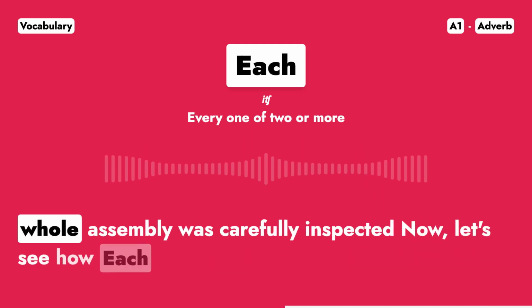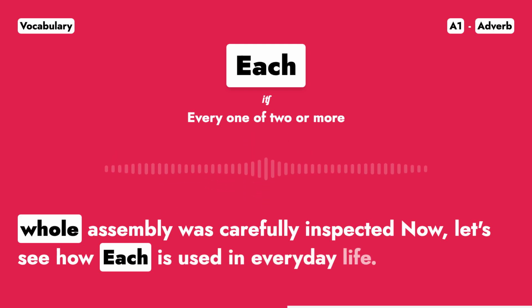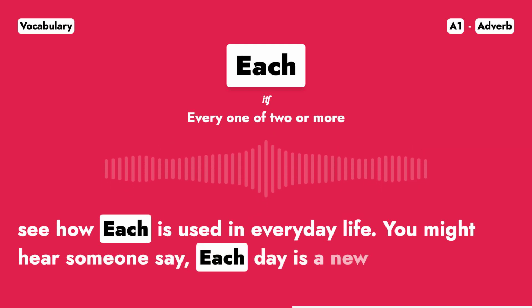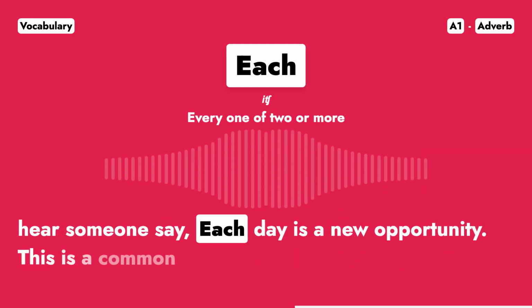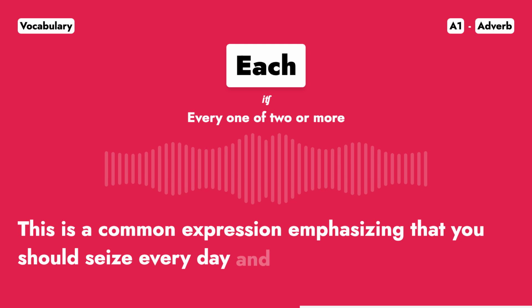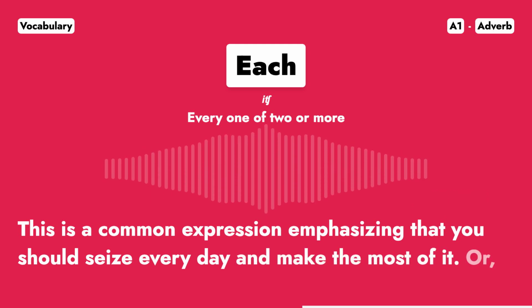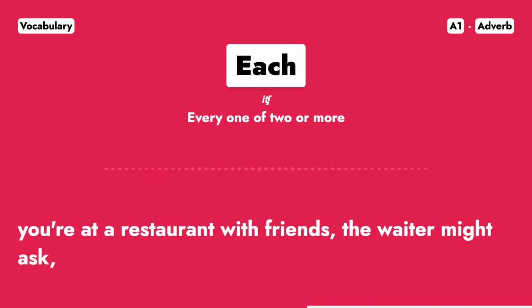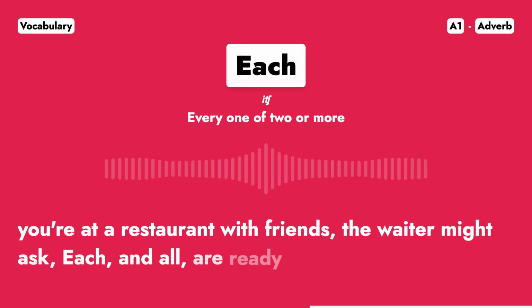Now, let's see how each is used in everyday life. You might hear someone say, each day is a new opportunity. This is a common expression emphasizing that you should seize every day and make the most of it. Or, if you're at a restaurant with friends, the waiter might ask, each and all, are ready to order?